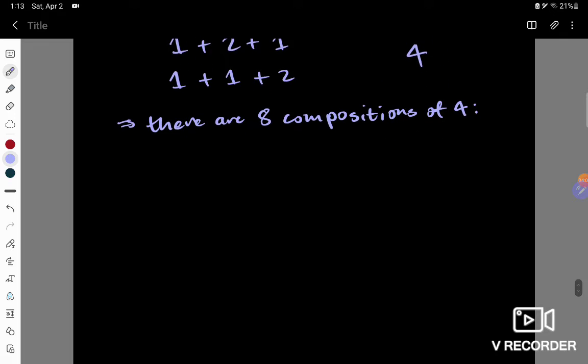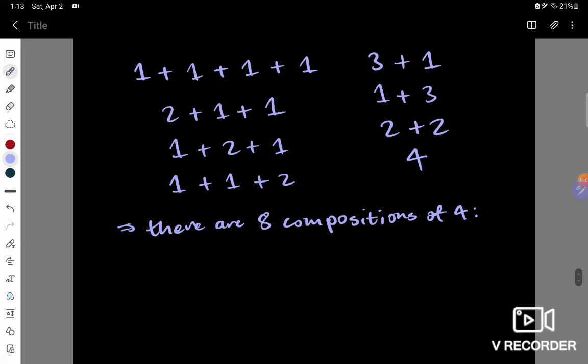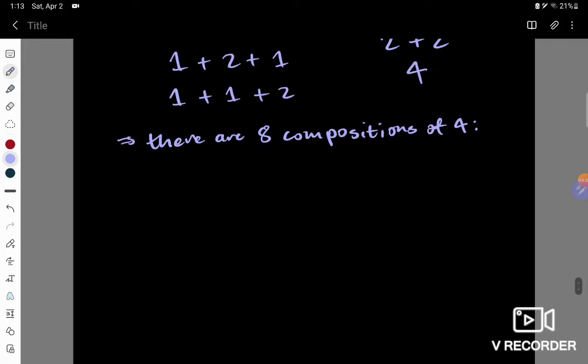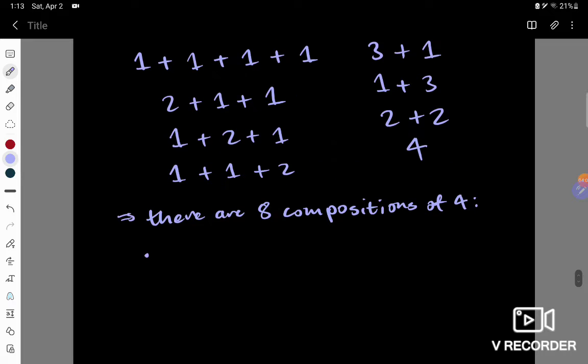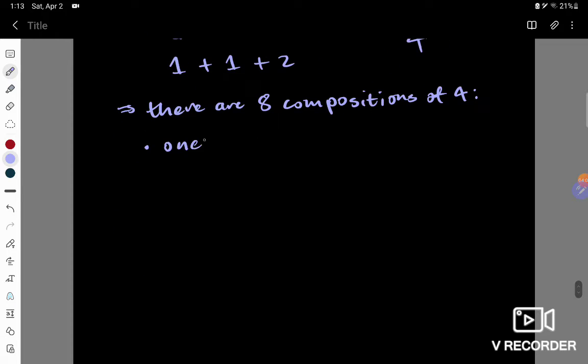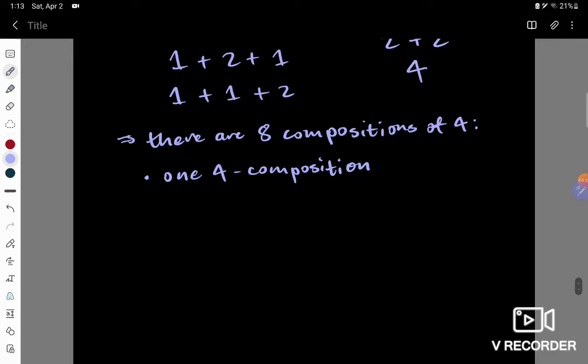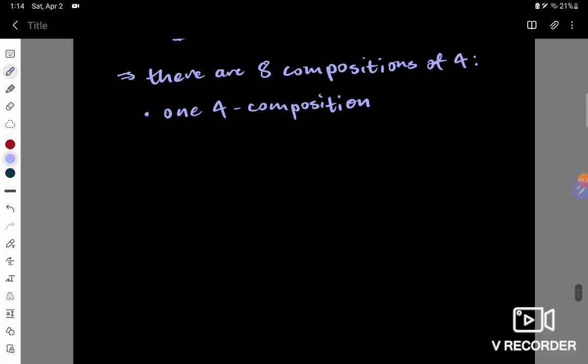Let's go a little bit further, and detail what the kinds of compositions of 4 are. So we have one 4-composition, which is just 1 plus 1 plus 1 plus 1. More generally, if n is an integer, there's uniquely one n-composition of n, because there's 1 plus 1 plus 1, n times, and so on.